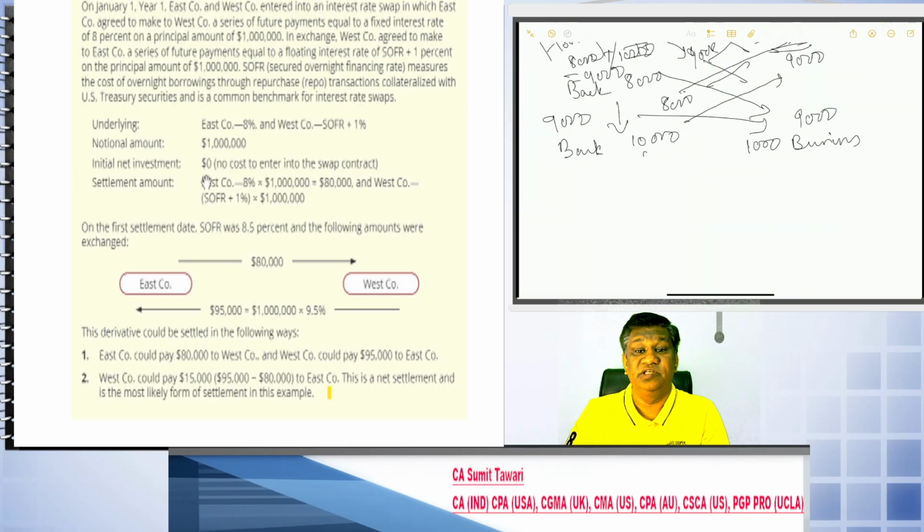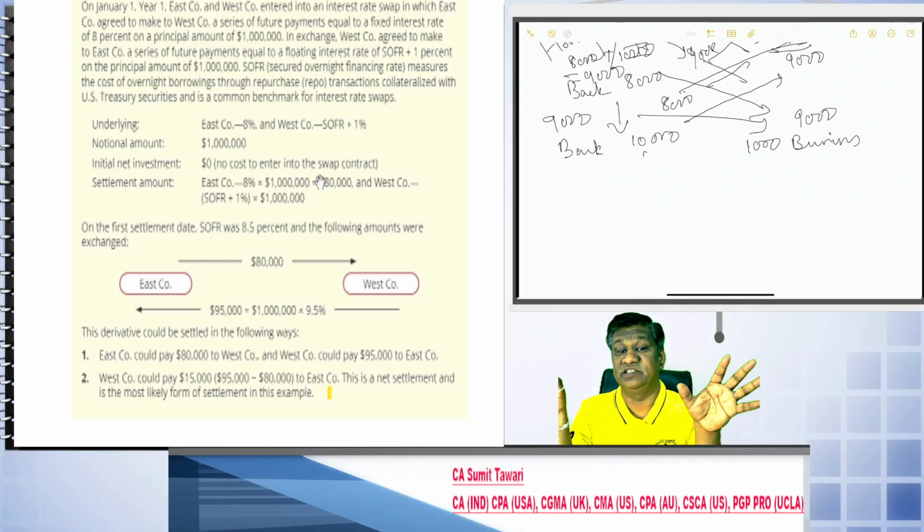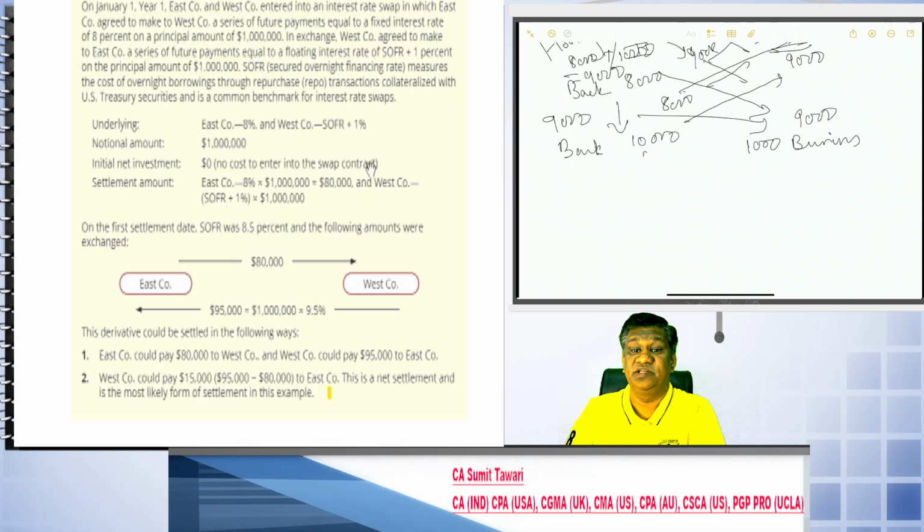So the initial net investment is no cost. See, they are paying the EMI as it is. What they are changing is the difference in the interest. That's why there is no initial investment.